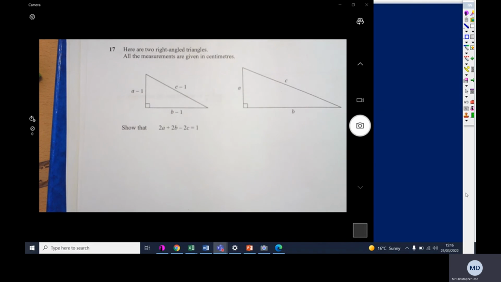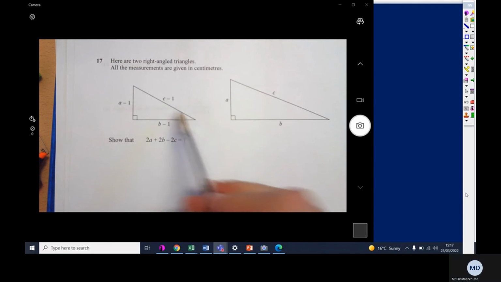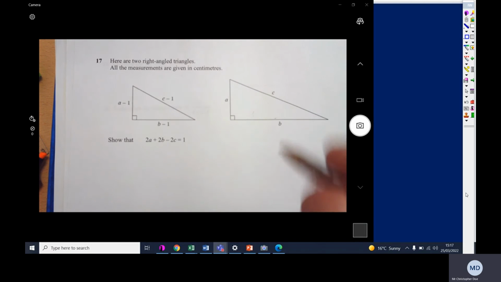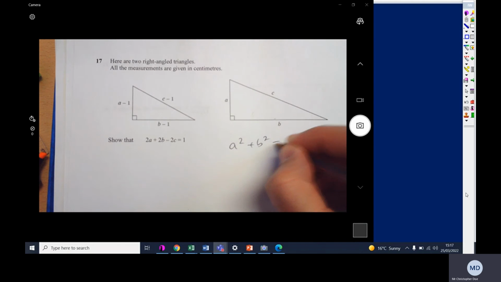Question 17 is a Pythagoras question, but it also uses some algebra. Okay, so both of these are true. So for this first one, the big one, a squared plus b squared equals c squared.